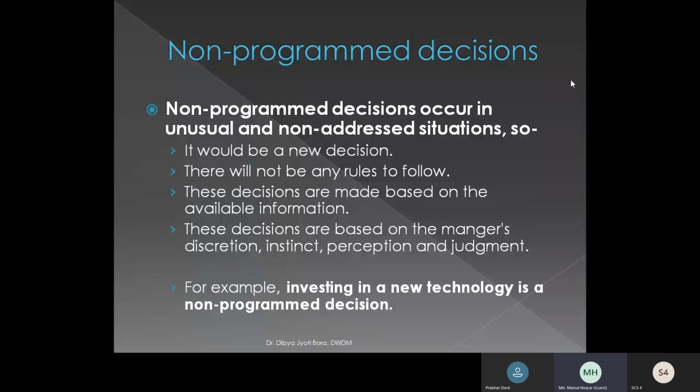So there are lots of decisions that you need to make before you purchase or invest in the new technology. And that doesn't come frequently. It comes rarely, once in a while. So that is why this is called non-structured or unstructured. Very good.